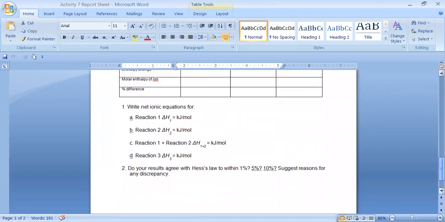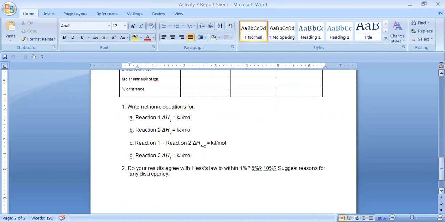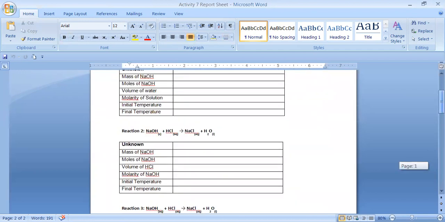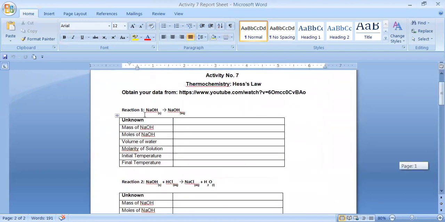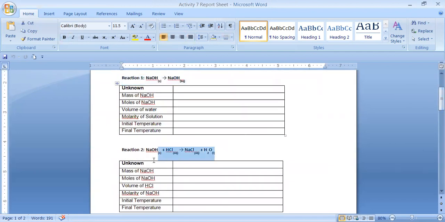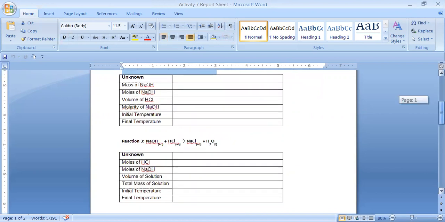For the net ionic equations, you are going to include the enthalpy of the reaction for the first reaction, then for the second reaction, and then for your final reaction.